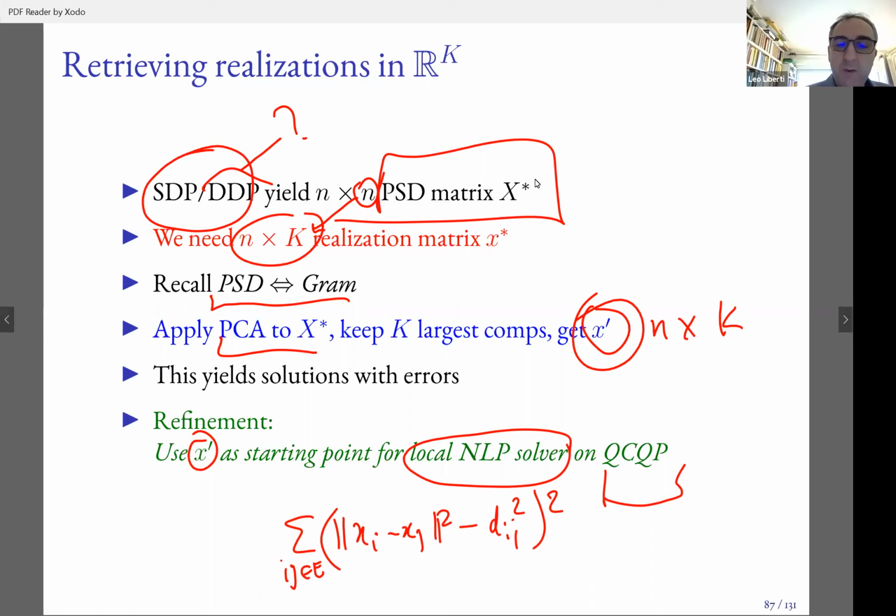With a local NLP solver, you can also give it some limited amount of time if you don't want to waste too much time during the refinement phase, but it will improve this x prime considerably. So you'll get an x star, which is usually quite a good solution. Okay, and it beats using an exponential time algorithm to solve a problem globally.